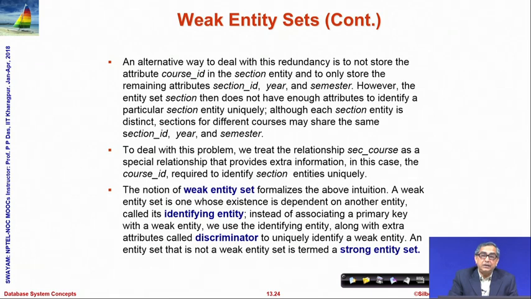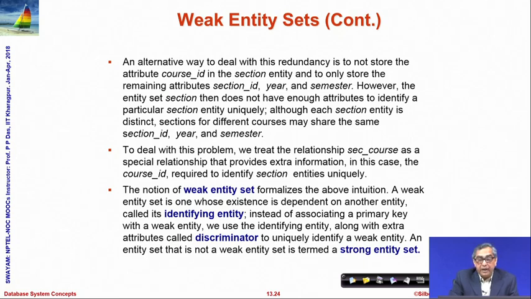When such relationships are used to identify entities of a particular entity set, then the unique side, the course side, is known as the identifying entity, and the other attributes, in this case section ID, year, semester, are known as the discriminators.